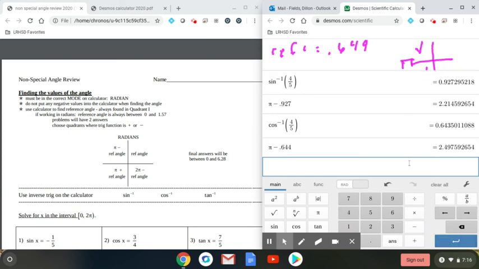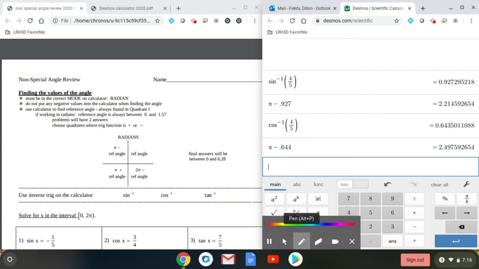So that would give me 2.497. That's one of my angles lying in quadrant 2. So one of my answers here is going to be 2.497. All right, that's going to be in quadrant 2.